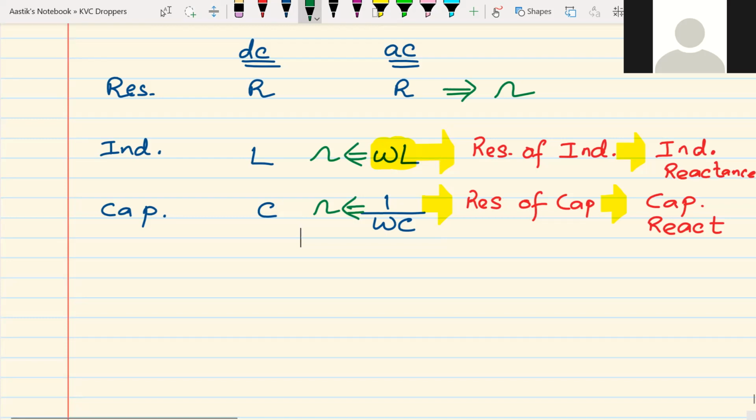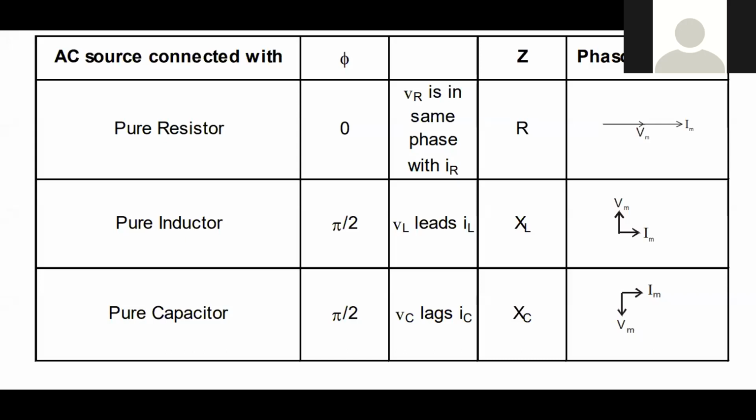Now again, I will show you the same thing in a table. We have a pure resistor. In a pure resistor, the phase difference is 0.